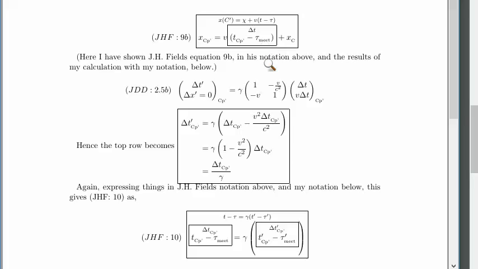And you can also end up solving the top row, and you find that the primed clock's change in time, change in t, is equal to the change in t. Wait, this is the change in t prime. That's the actual reading of the clock compared to the coordinate time. And the reading of the clock goes slower than the coordinate time by a factor of gamma.